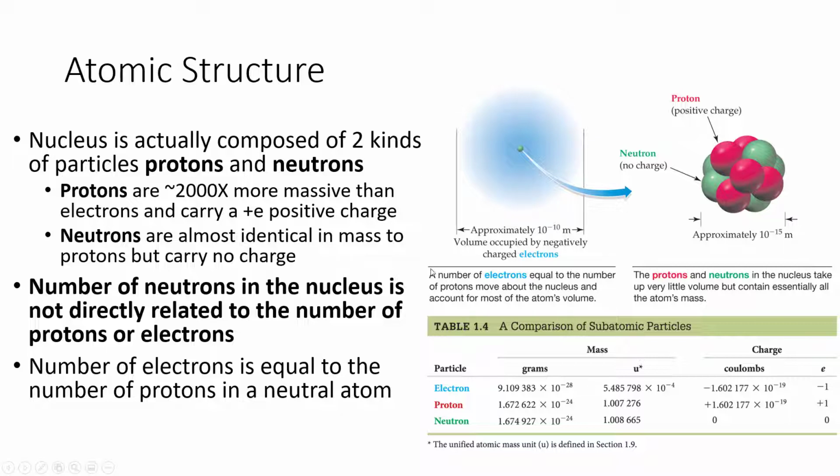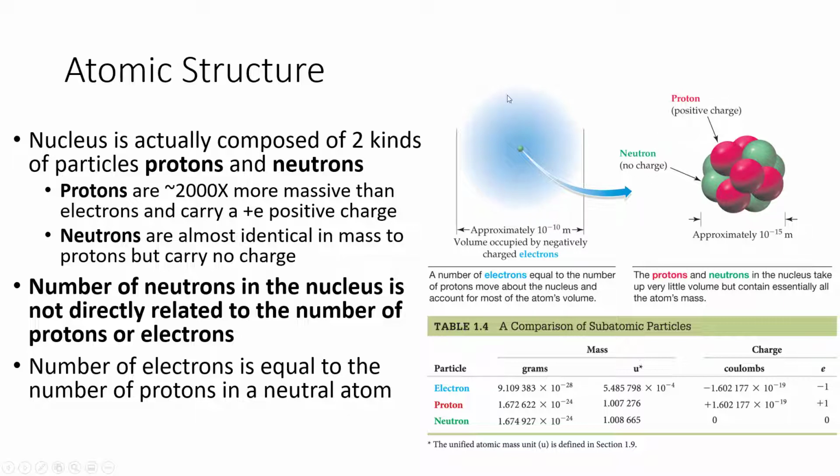These protons are much more massive than the electrons, and they carry a positive charge equal to positive e. Remember that Millikan determined that charge of e. Whereas neutrons are almost identical in mass to protons, but they carry no charge. So protons and neutrons have the same mass. Protons are positively charged, neutrons have no charge.